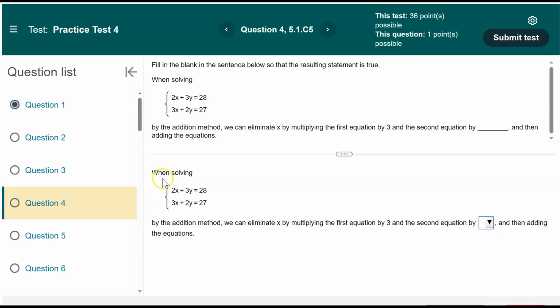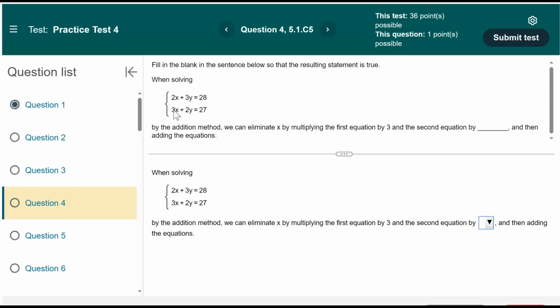Now, question number 4. When solving the system of linear equations here by addition method, and we want to eliminate x, we can do that by making sure that the coefficient of x in one equation is numerically equal to the coefficient in the other but opposite in sign.